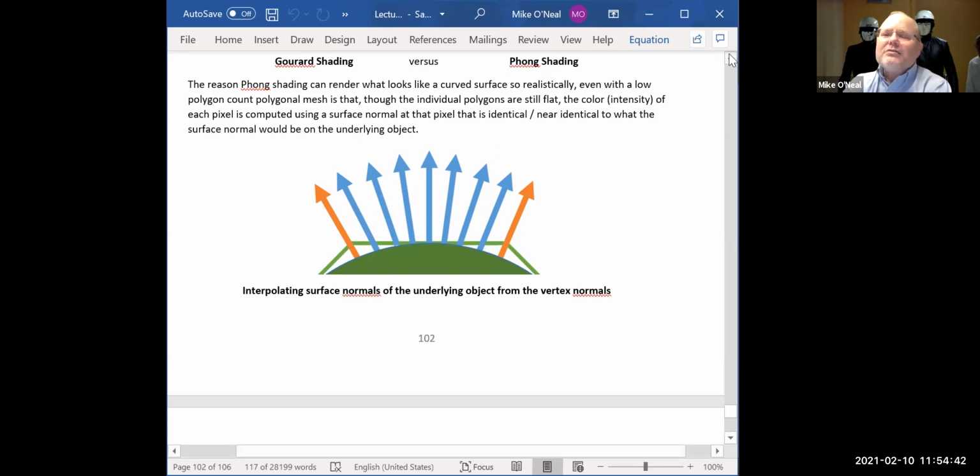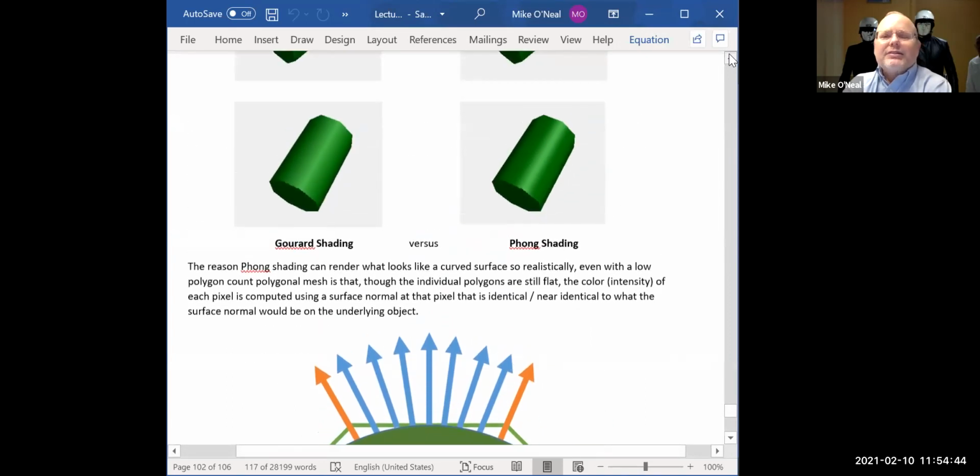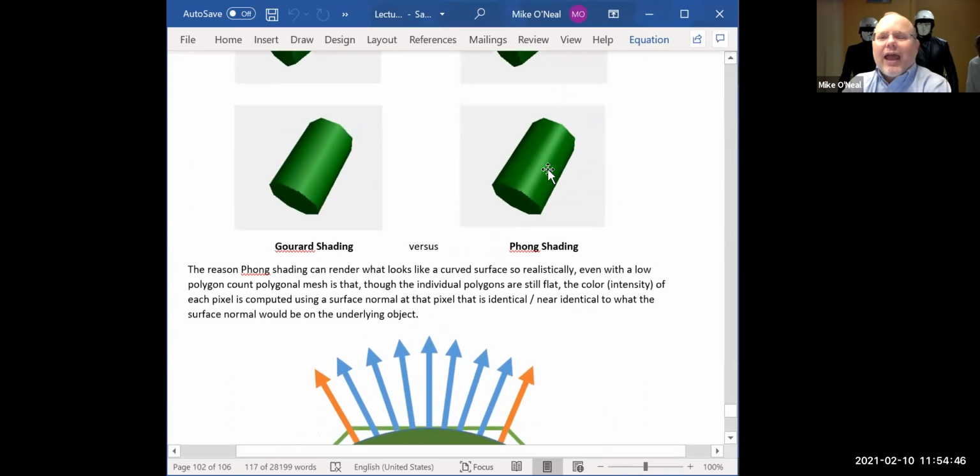And that's why this looks so damn good. It's still just 8 little rectangles. You're only looking at 3 little rectangles here. But as I paint each pixel, I am getting what is essentially the surface normal from the original underlying cylindrical object. And I am using that to paint the spot on the flat polygon.